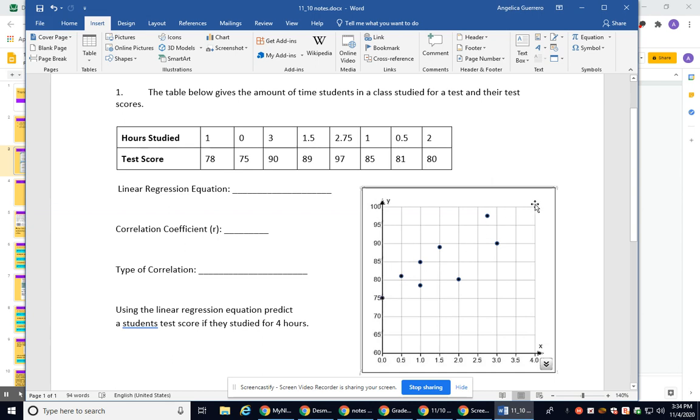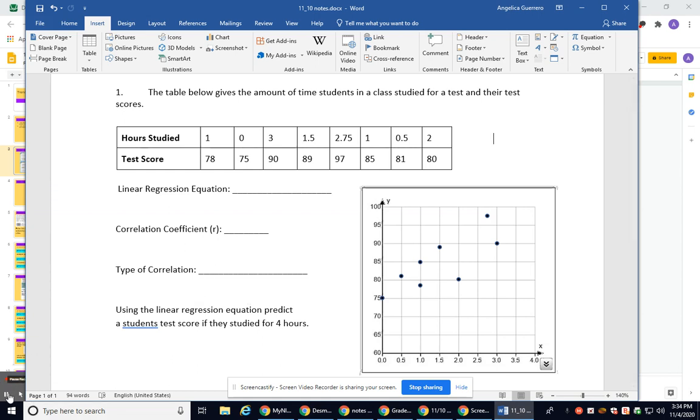I could draw a trend line through my data and try to come up with this equation myself by hand, but if we use a calculator, it would come out a little bit more accurately, and we're going to be able to do that today. So that's what I'm going to show you right now: how to take this table and enter it into the calculator to find our linear regression equation, our correlation coefficient, the type of correlation, and we're going to use that to predict.